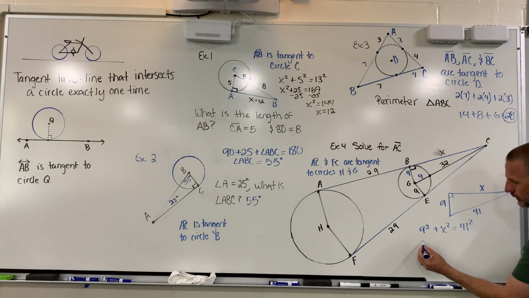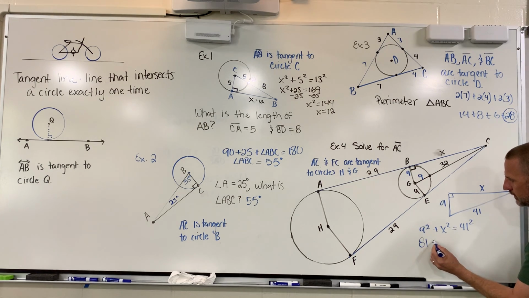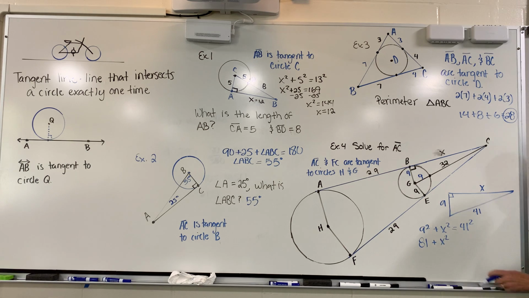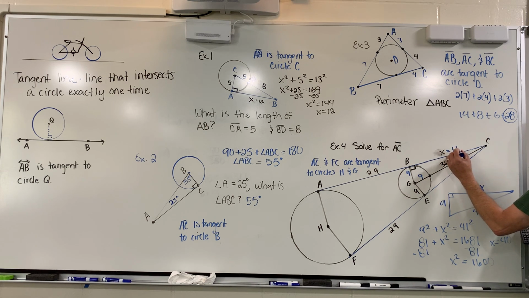Okay, well, 81 plus X squared, and then 41 squared, I don't remember what that is, 1681. Well, if I take 81 off of both sides, X squared is equal to 1600. Again, using square root, X would be 40. So this distance is 40.